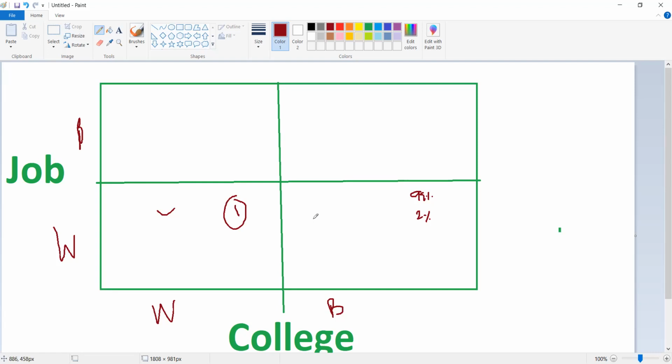Worst. Situation 2. Situation 3, let's say it is best in both the cases. Does very well in the exam, does very well in the job interview. This is where this has done worst in the college, and performs best at job.